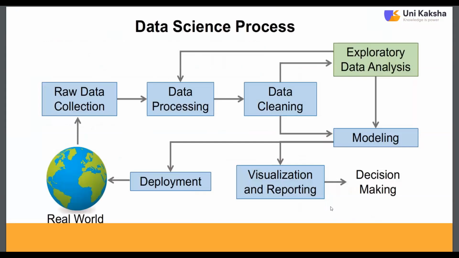Data science process. This is the flow chart for the data science process. First of all, there is raw data. As I said, raw data should be converted into a readable file format, which can be done with the help of data pre-processing. Then we have data processing, where we have different kinds of tools. Then we have data wrangling, also called data cleaning.